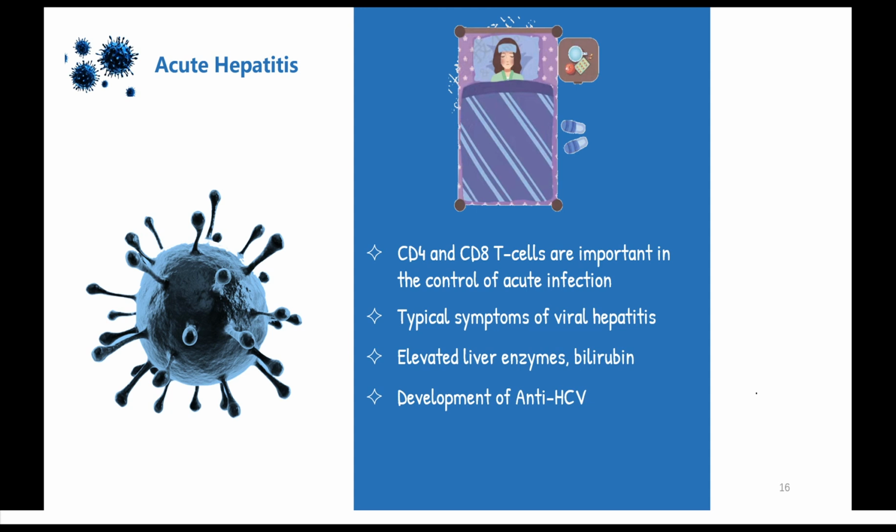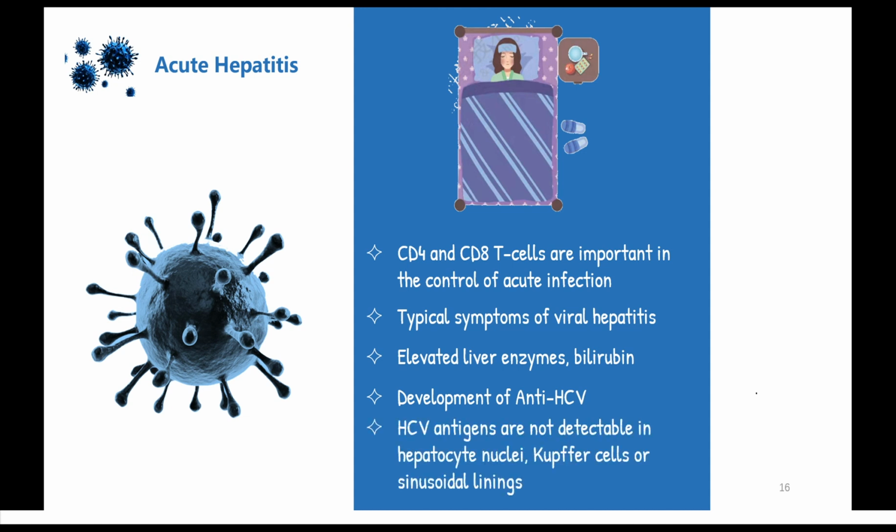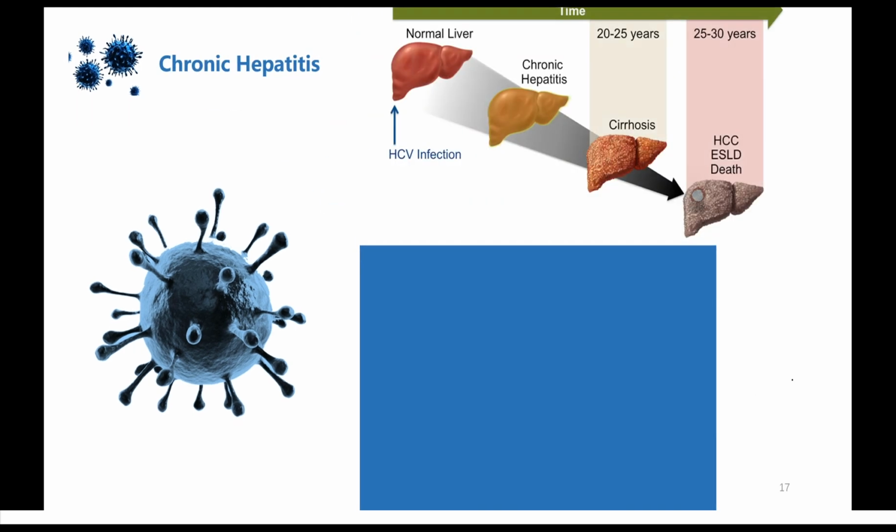And if that's the case, there must be another methodology to detect the presence of the infection, which we're going to discuss later. And with acute hepatitis C, there is no demonstration of HCV antigens in the hepatocyte nuclei, Kupffer cells, or sinusoidal linings. Chronic hepatitis, no, may manifest as either asymptomatic or symptomatic.